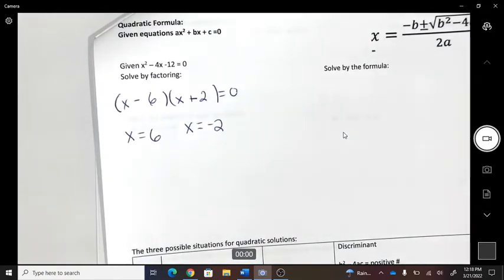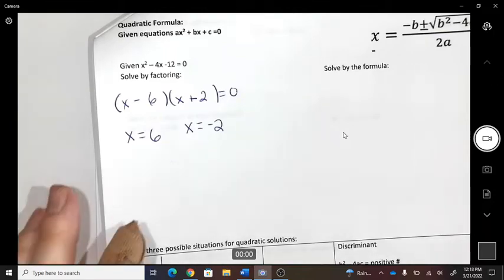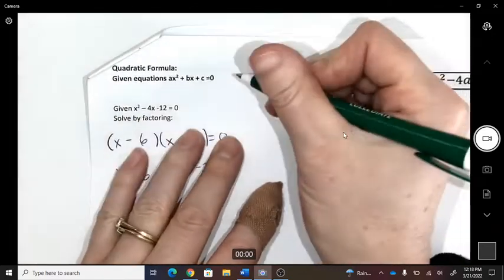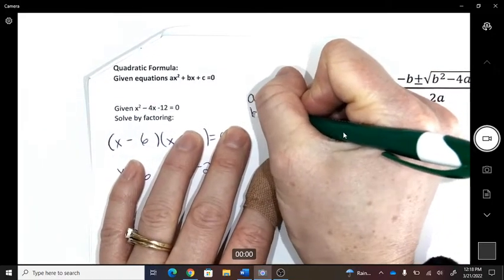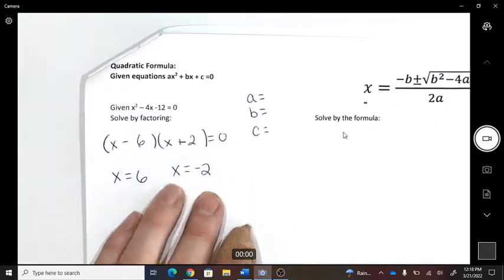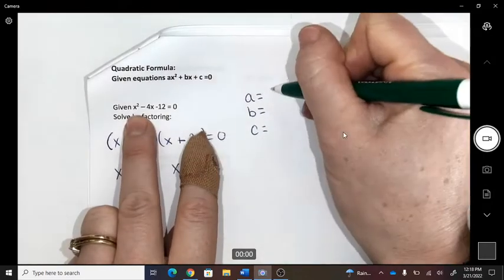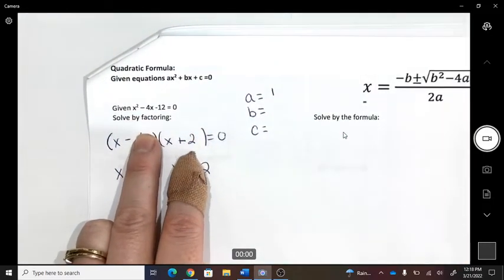Okay, now let's see if we can get the same answer using the formula. Can you tell me in this equation what the value for A is, B, and C? What is the A number? 1. Just 1, because that's how many x squared you have.